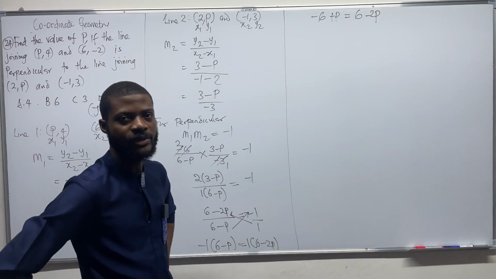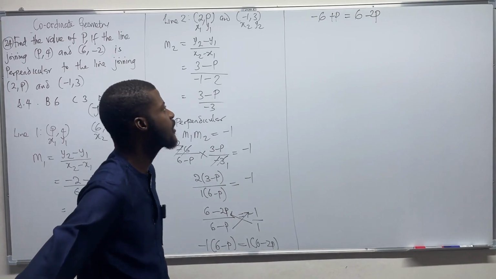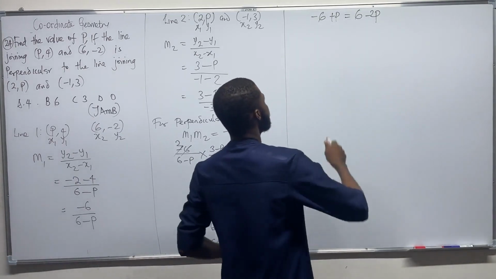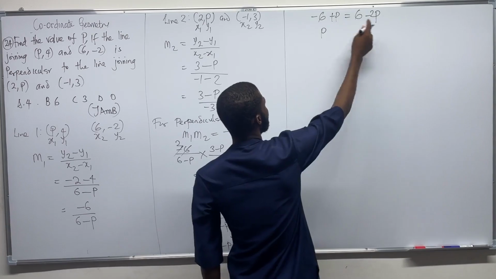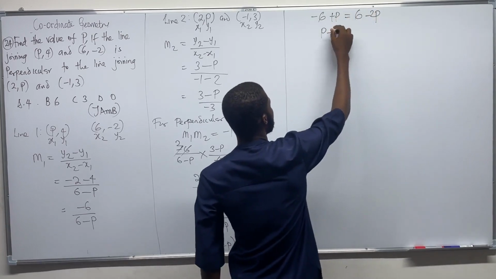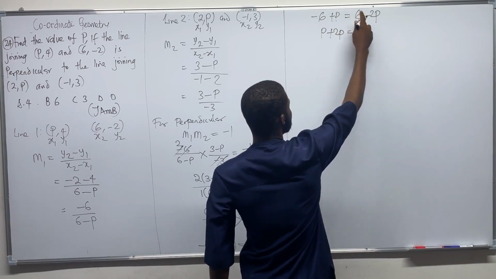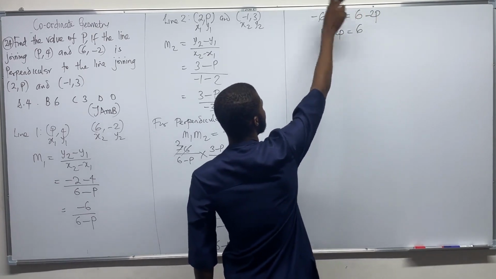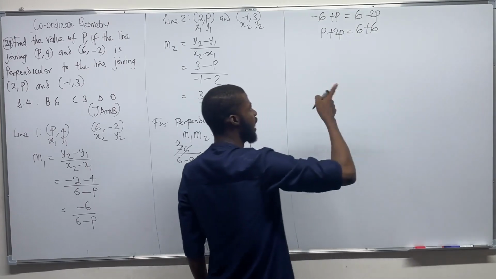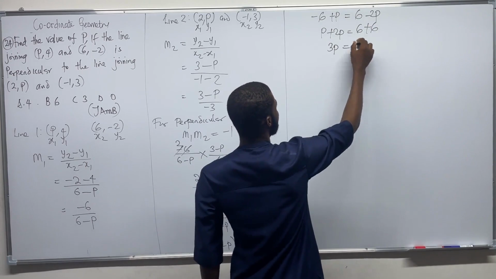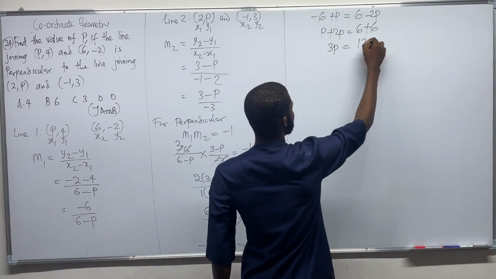What would be the best way? I want all of the p to come here. So this is p. If the minus 2p comes, it becomes plus 2p. Equal to 6, which has been here ever since. If this minus 6 comes here, it becomes plus 6. Now p plus 2p, that's 3p. Equals 6 plus 6, that's 12.